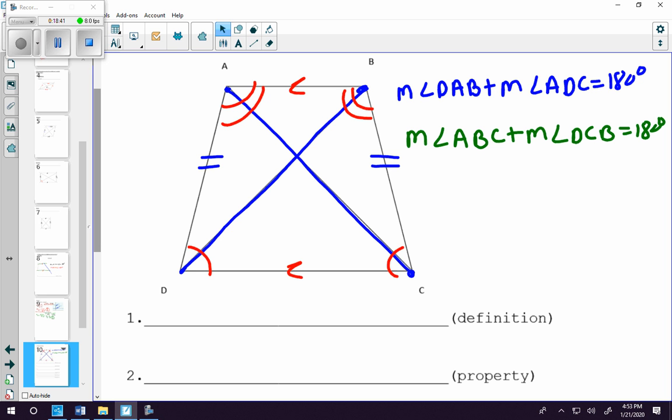And then for one of the properties, you should have written that one upper base angle plus the measure of one lower base angle equals 180 degrees. So one upper base angle and one lower base angle are supplementary. We have two pairs of those. I apologize, there might be extra blanks here. I just noticed that.